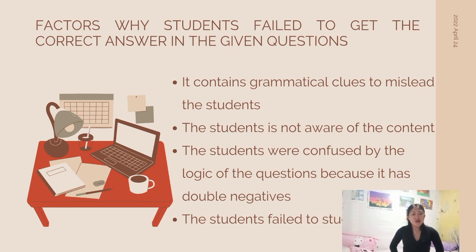But if you study your lesson, there's no reason why you're not going to get the correct answer. You cannot be confused by the double negatives because you already studied your lesson, and you know the correct answer.